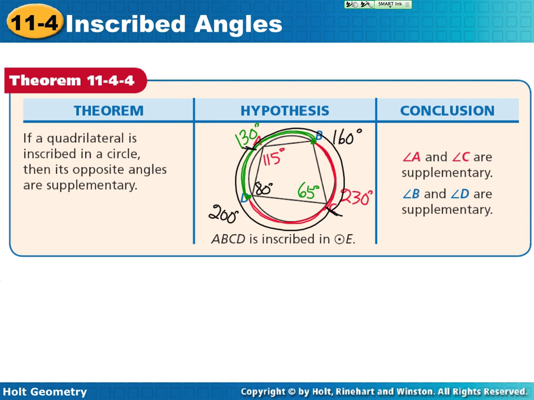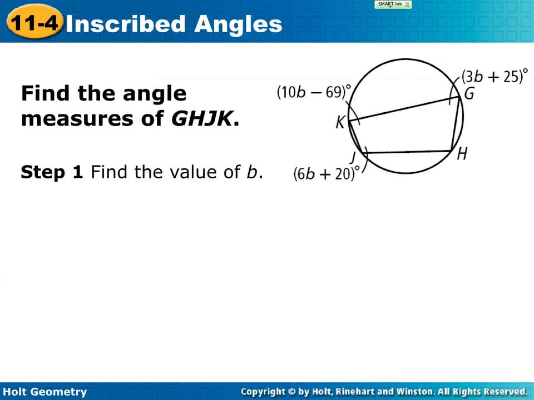And angle B goes to the ends of the 200, so 100. So it does end up that opposite angles are supplementary. Okay, so what are we going to make you do related to that one? Here's an example.